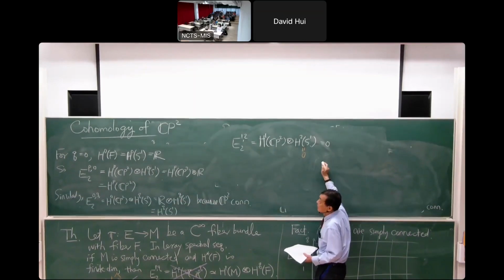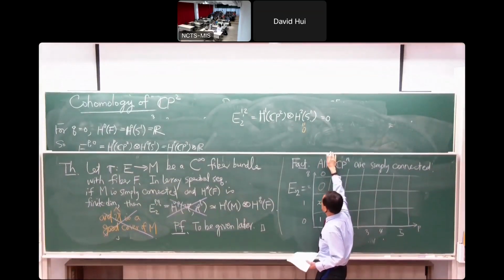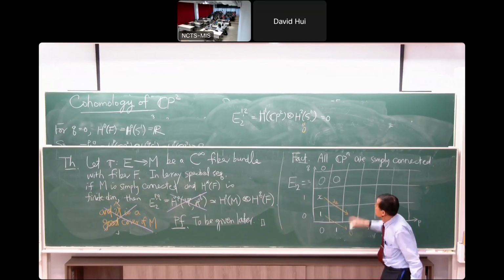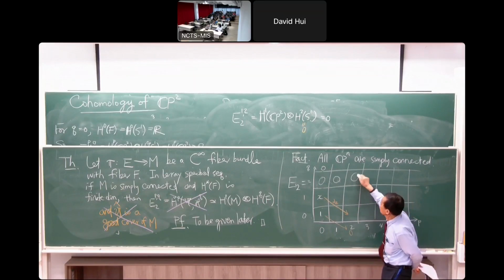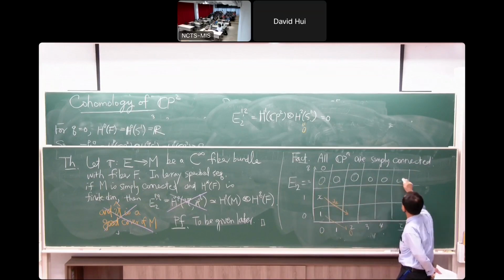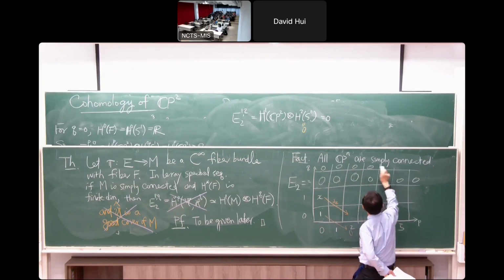Okay. So this box, E2 of 1, 2, this is 0. What is this box? Same thing, 0. It's just tensor with 0. These are all 0. And then up there, it's all 0.